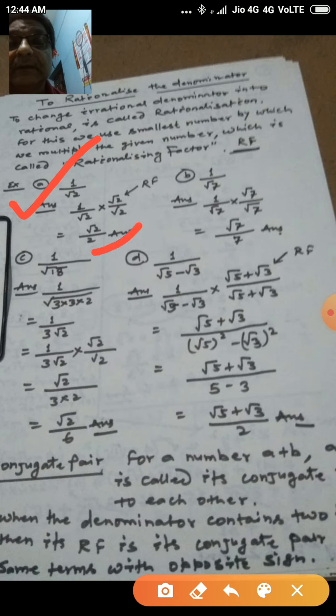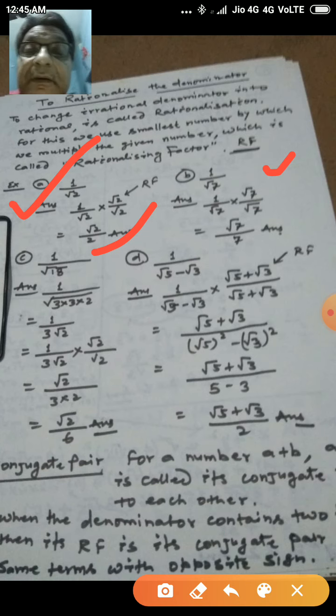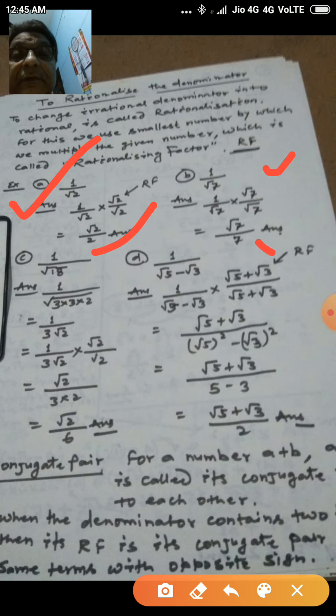Now here you see the denominator is 2, which is rational, so this is the answer. Similarly, for the second question, it is 1 by root 7. We use RF as root 7, so we multiply numerator and denominator by root 7. We get root 7 by 7. So again we have a rational denominator.